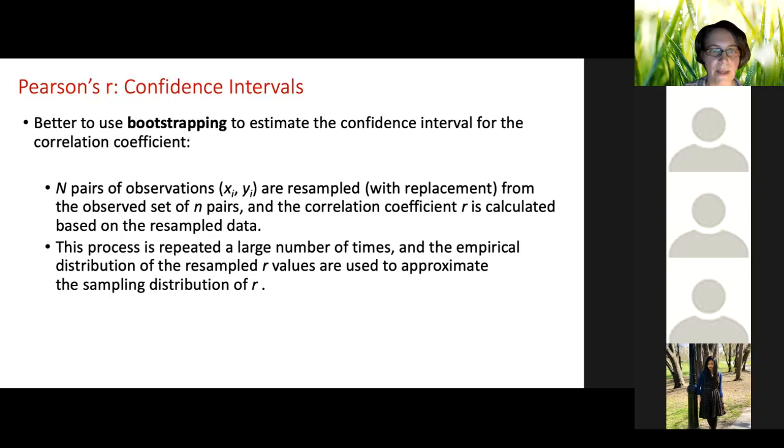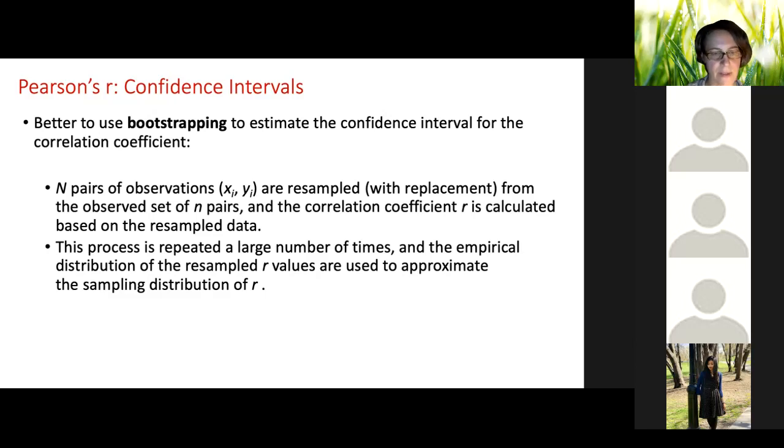The idea here is the same as when we introduced bootstrapping the first time. We have our sample, with n pairs of observations, so n subject observation units. We repeatedly resample from our observed set of n pairs and calculate the correlation coefficient for each sample.